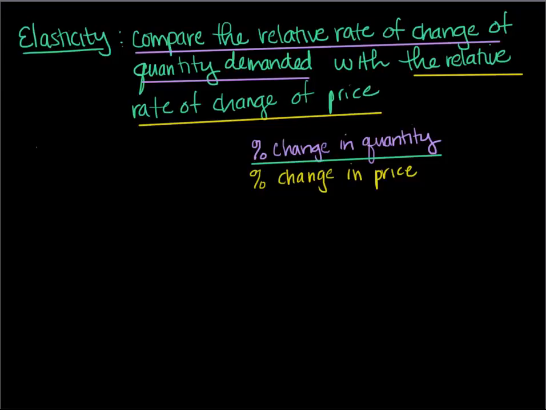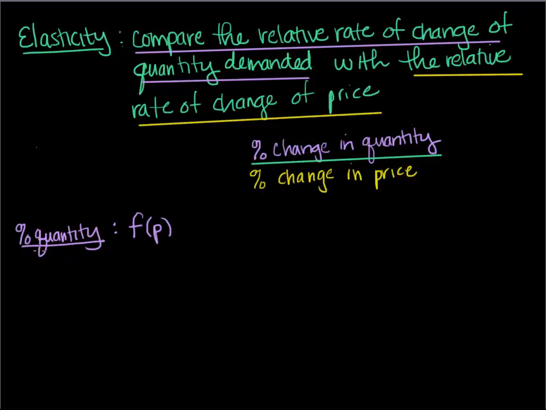Okay, so how do we do this? Well, we know how to find the relative rate of change. We take the change divided by the actual function itself. So let's find the percent change in quantity, the relative rate of change of quantity. Remember, our quantity function was f of p. We'll come back to our example with the actual functions in a minute.